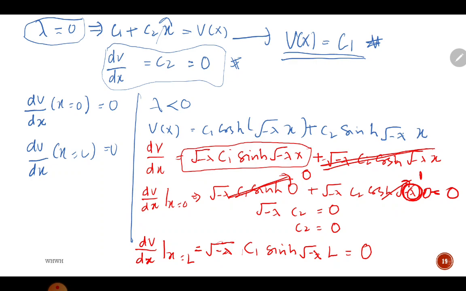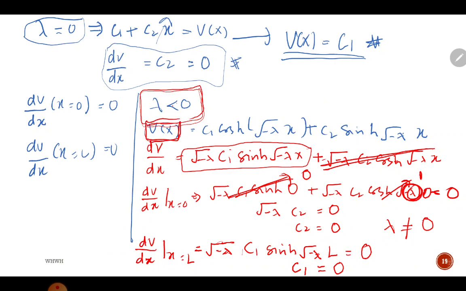But we know that the condition that we are talking now is lambda less than 0. So in this case lambda tak boleh sama dengan kosong. So from here ternyatalah we need to say that C1 equals to 0. So in this case sekarang ni, do we have a solution for Vx?